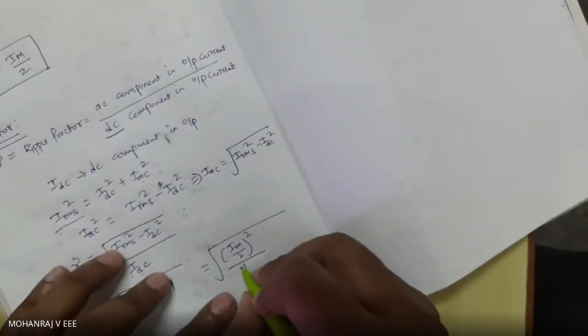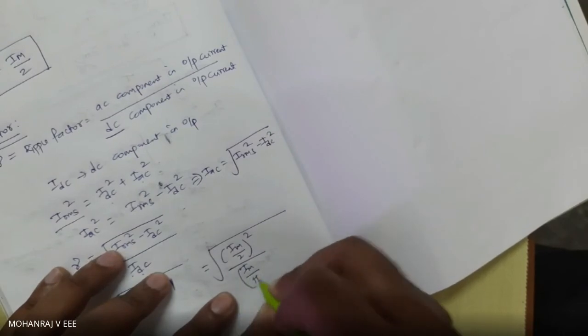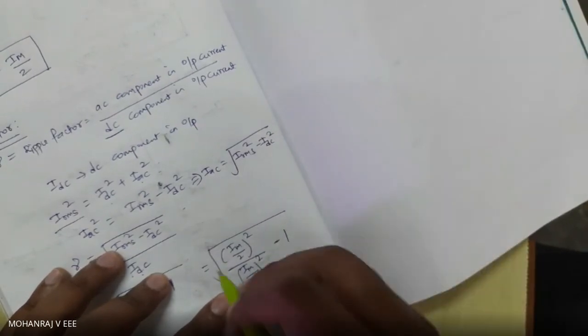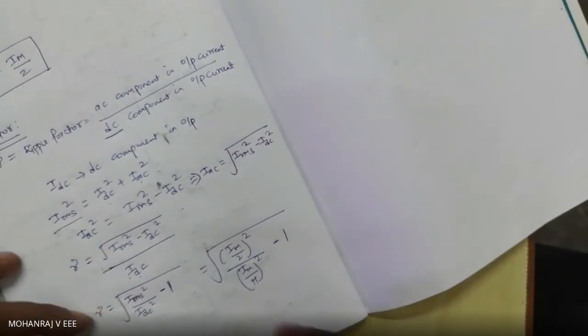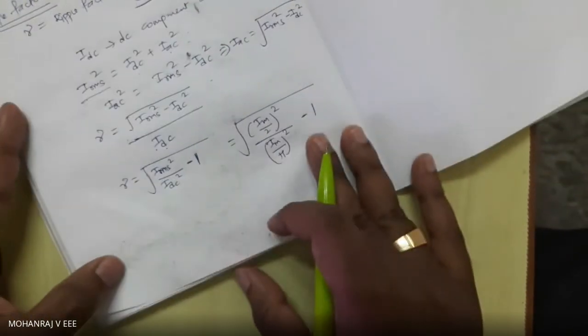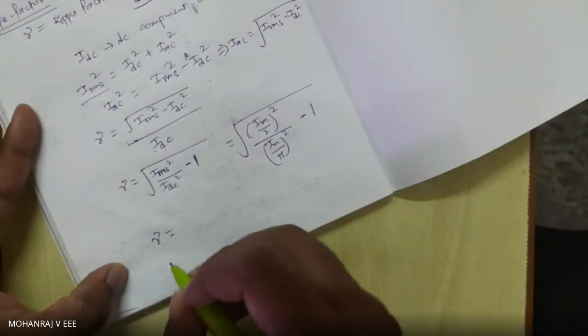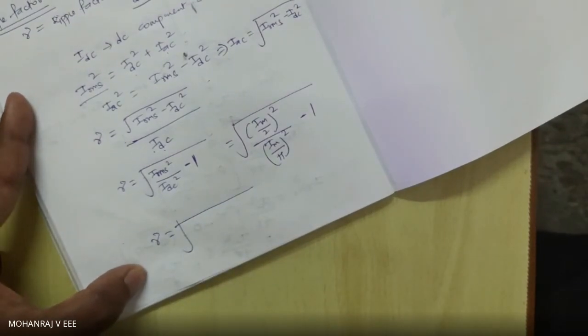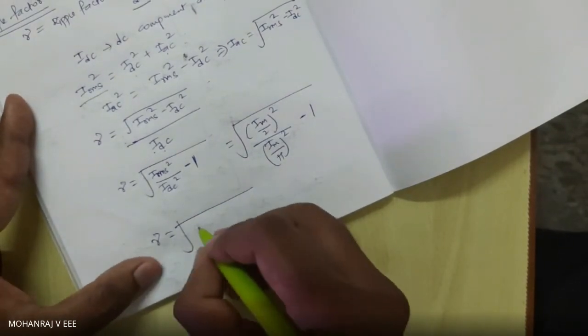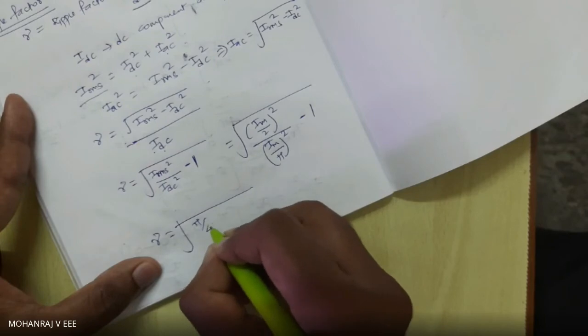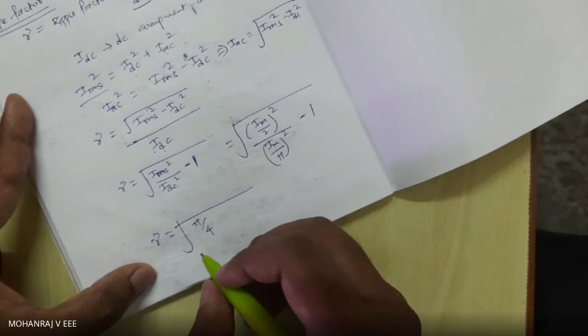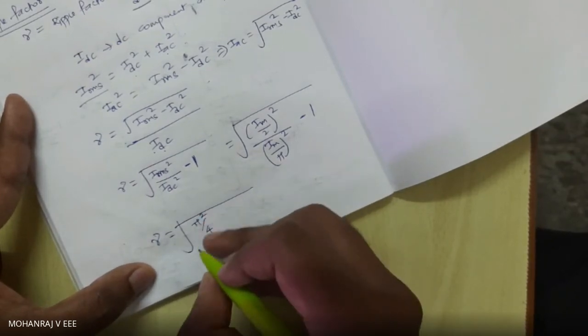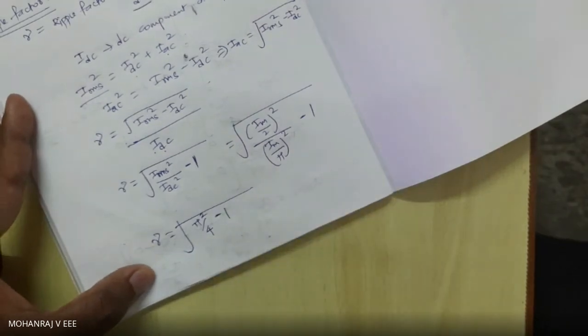So Im by pi square minus 1. So my ripple factor becomes the square root of pi square by 4 minus 1.